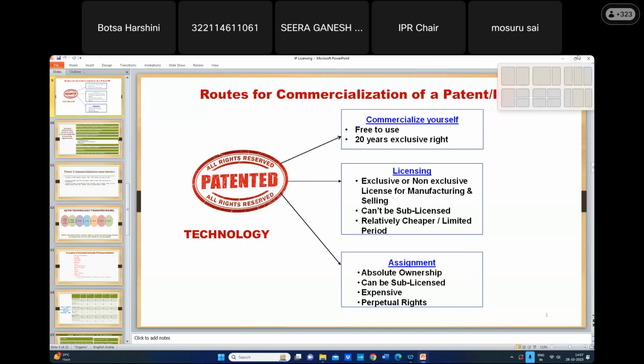But if you are giving an exclusive license, I would give an example here: some pharmaceutical molecules, which the universities or the national laboratories develop, even for that matter your computer chips, there are these inventors or the institutions which develop this technology, they will find a big player in that field and give an exclusive license to them.